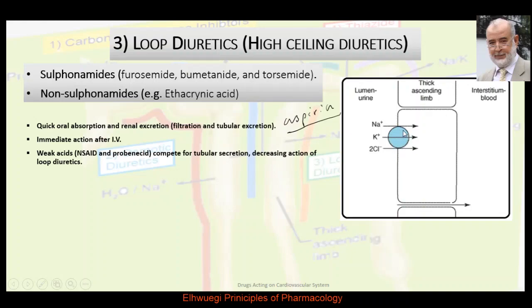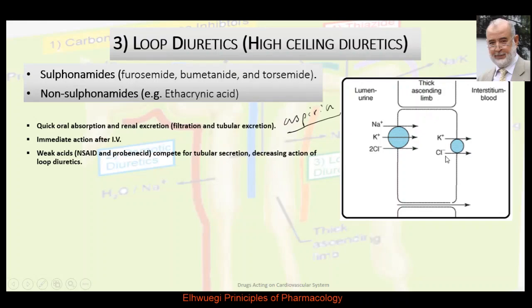This co-transporter is specific in transporting sodium, potassium, and chloride ions from the urinary filtrate into the epithelial cell. This is co-transport without using energy, of course. So what will happen next?